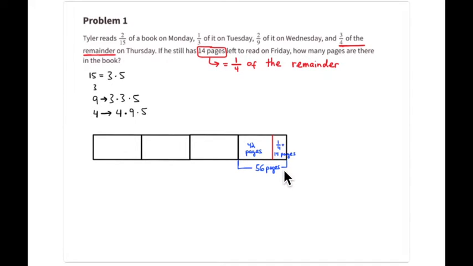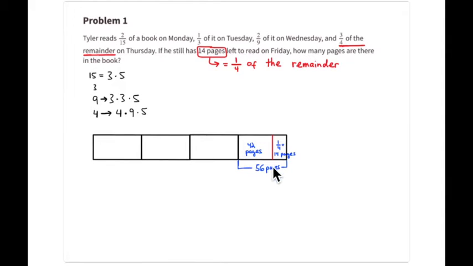That means that the 3/4 of the remainder are 42 pages. 3 times 14 is 42, and so you combine these two together and you get a total of 56 pages. Another way to think about it is just 4 times 14 pages. So we know that this is 56 pages.